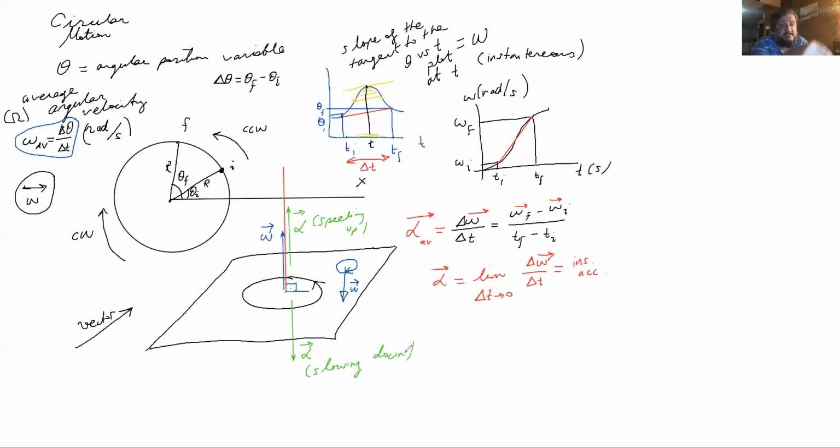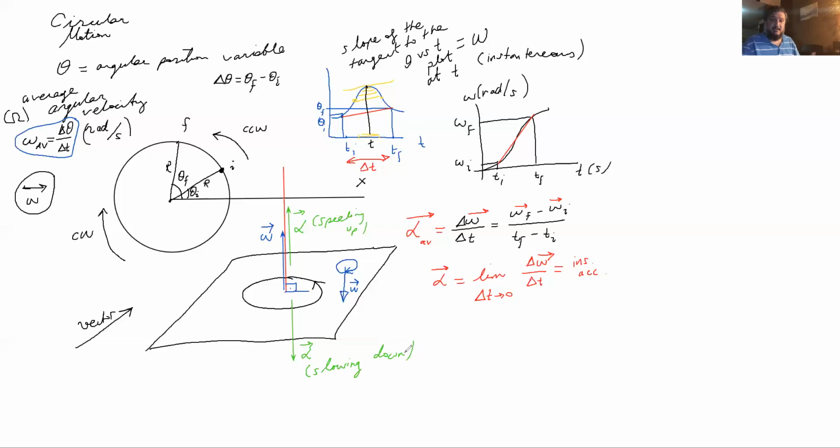Okay, so a downward alpha does not mean the object is spinning or rotating or going in circular motion in the opposite direction, or the clockwise direction. No, it is still going upward. So it may speed up, reach a maximum speed, and then start slowing down.